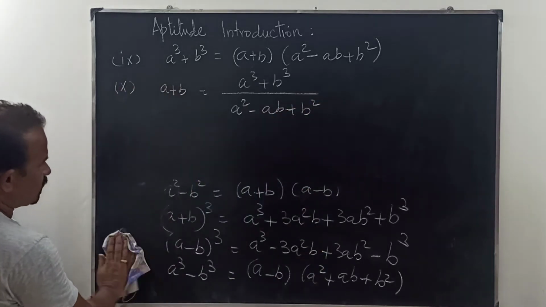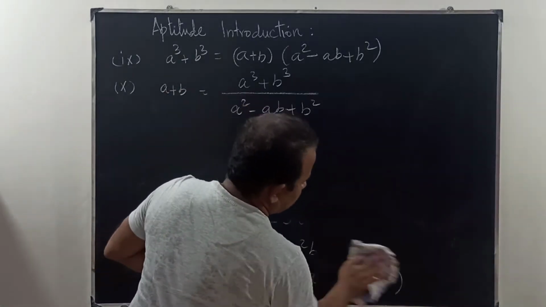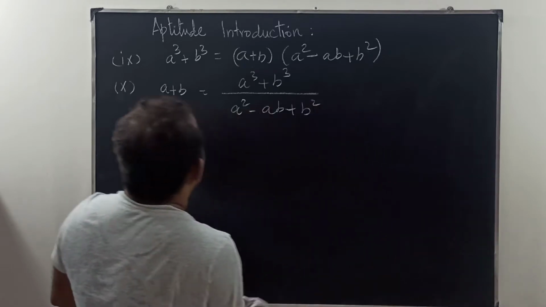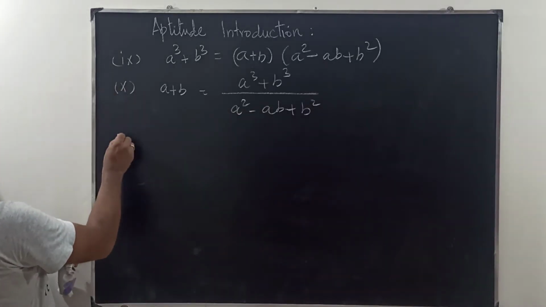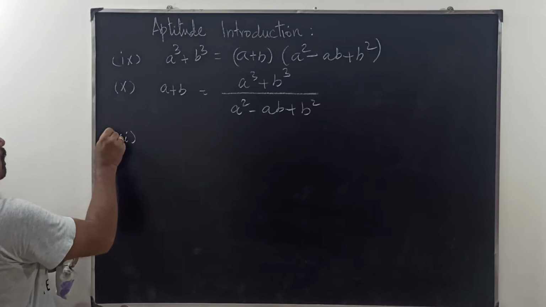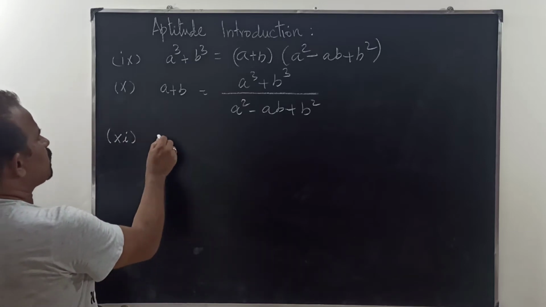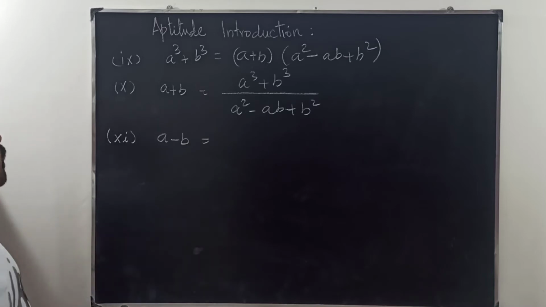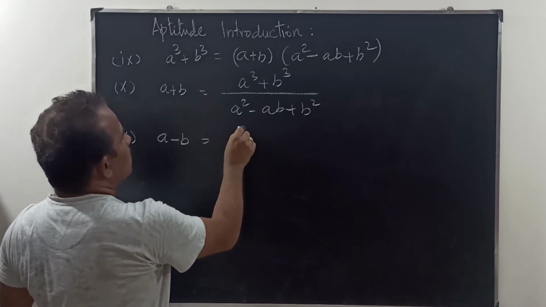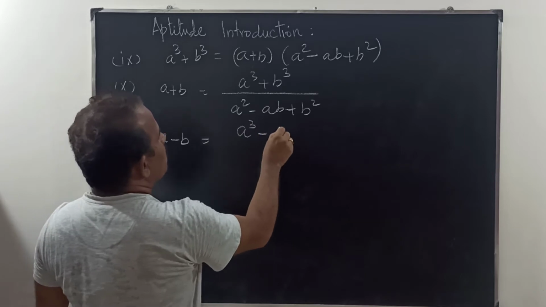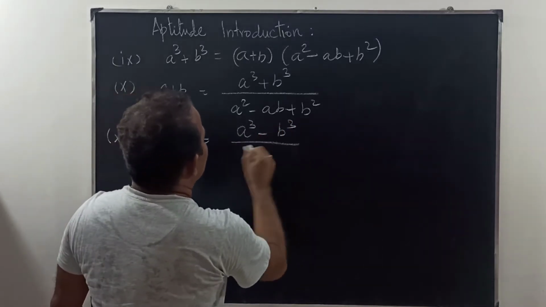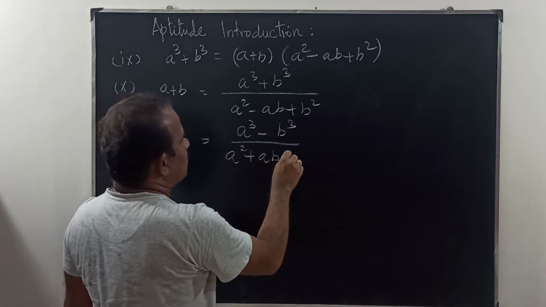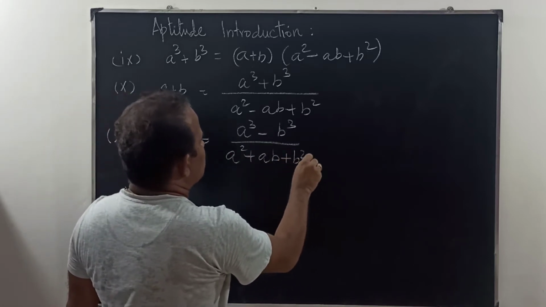The 11th one is a minus b is equal to (a cube minus b cube) divided by (a square plus ab plus b square).